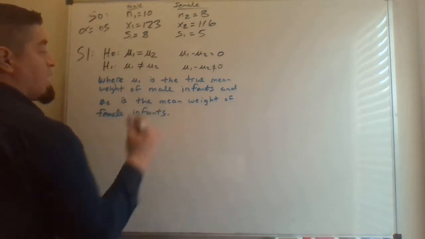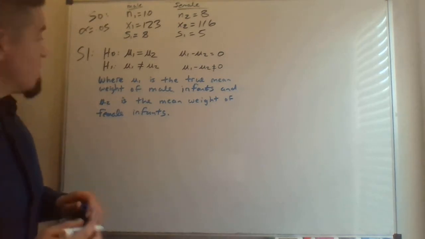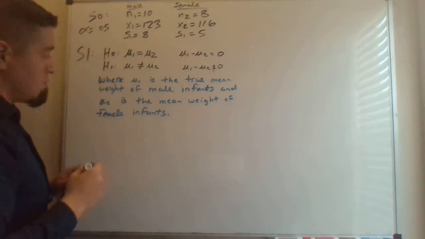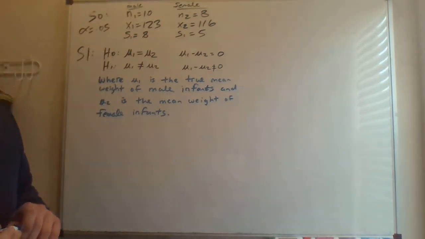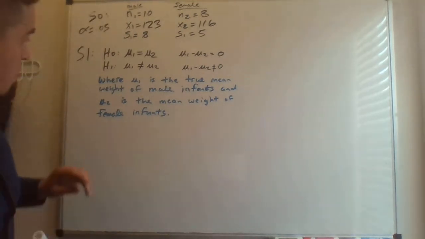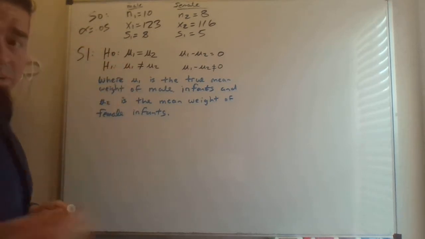Okay, just defining what mu1 and mu2 is there in step 1. So step 2 in our process is find the critical value. So we use the critical value method at alpha equals 0.05 at a two-tailed test.